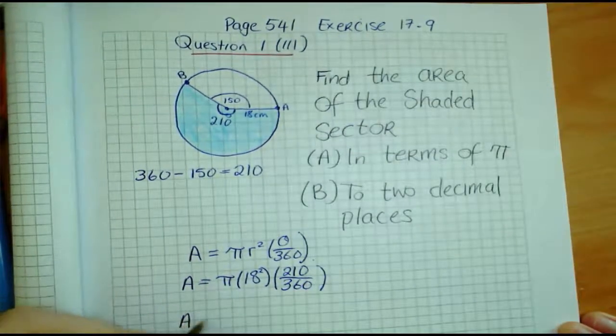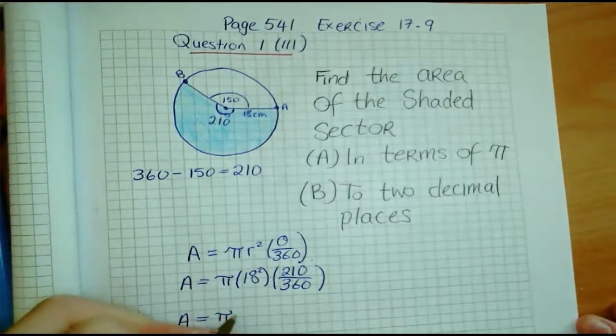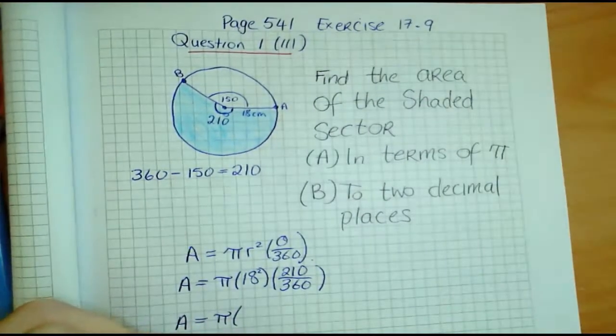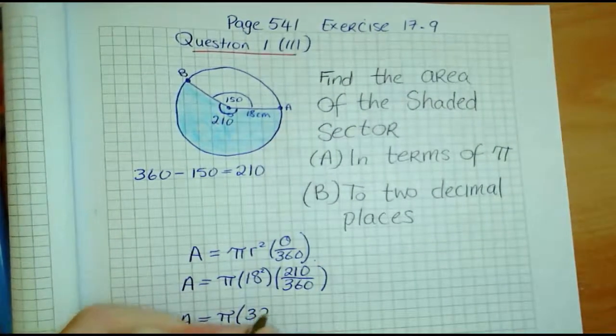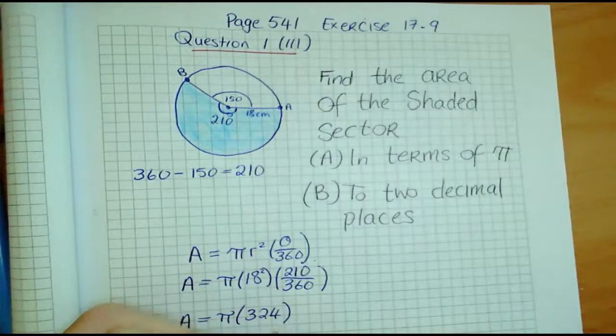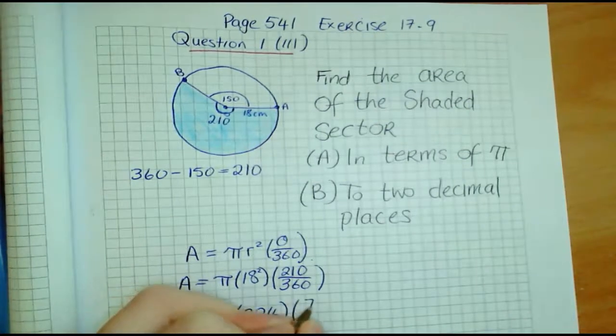So A then is equal to pi by 18 squared, which is 324, so use your calculator, and 210 divided by 360 is the same as 7 over 12.